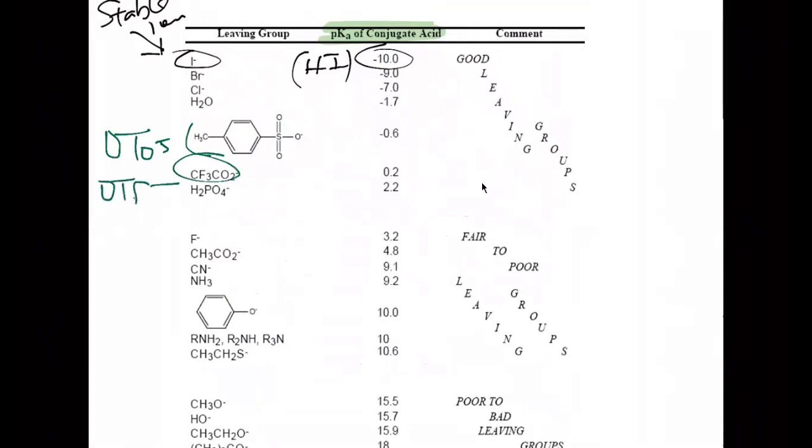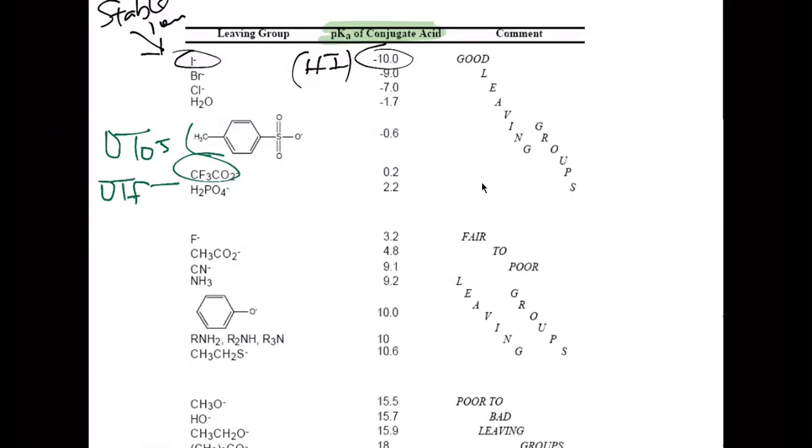You'll see it abbreviated as OTf. I don't know if we went over this, but I think we talked about it Friday: you can tell how good the leaving group is based on the pKa of its conjugate acid.